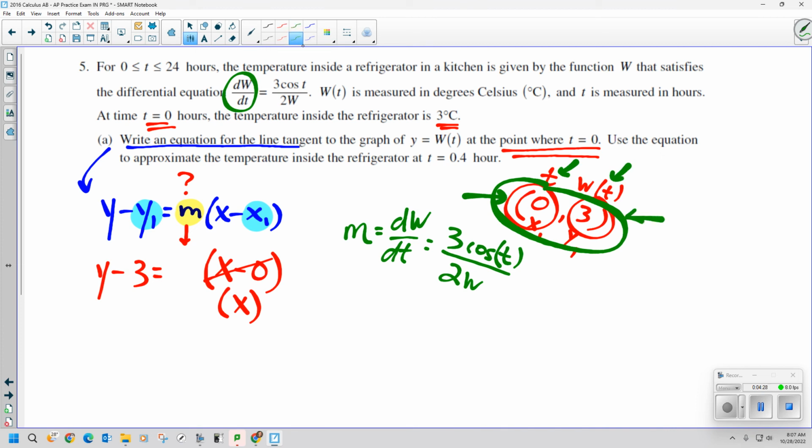So let's plug into our derivative t equals 0 and W equals 3: 3 cosine of 0, because that's time, over 2 times my W, which is 3.